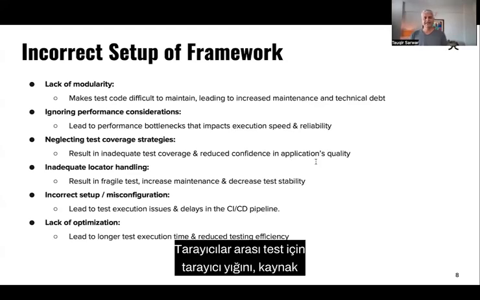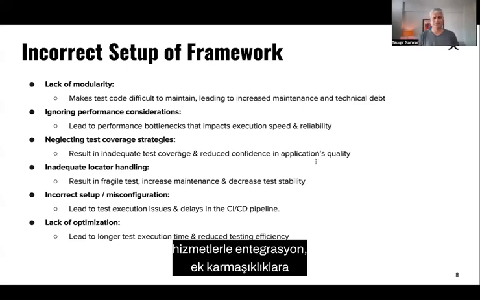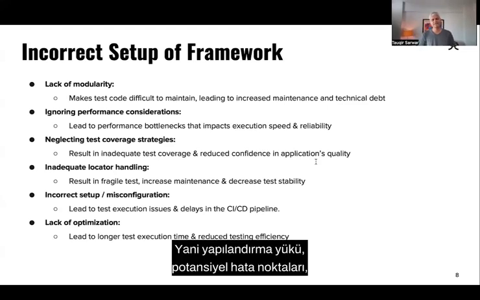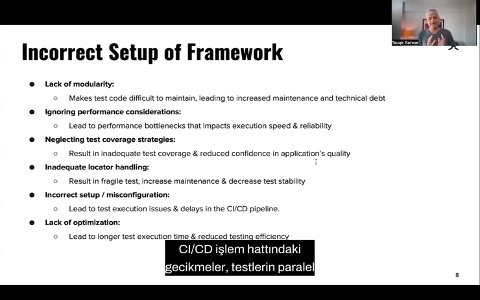And integration with external services such as BrowserStack, SauceLabs, or many more for cross-browser testing may introduce additional complexities: configuration overhead, potential points of failure, incorrect setup, or misconfiguration can lead to test execution issues.